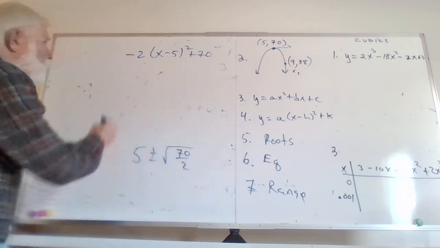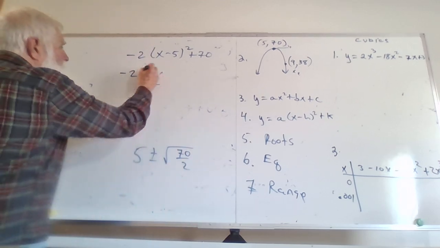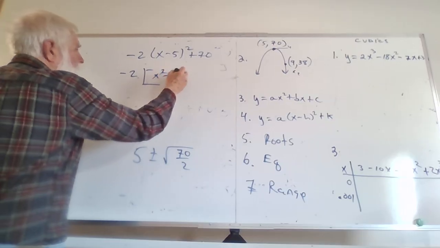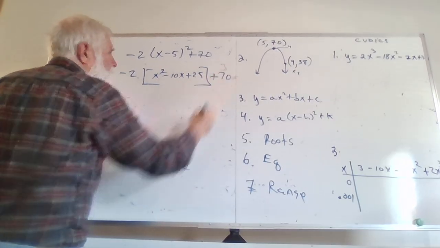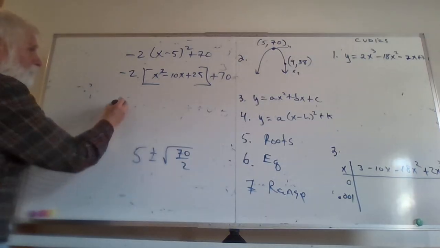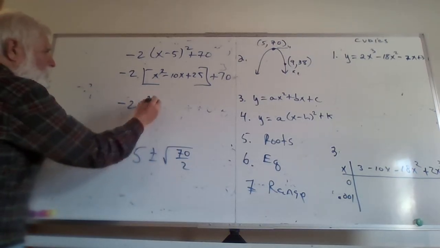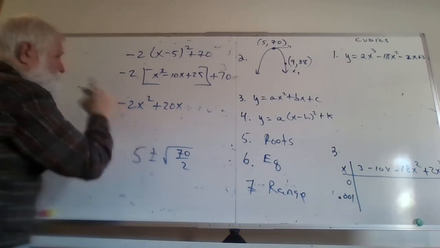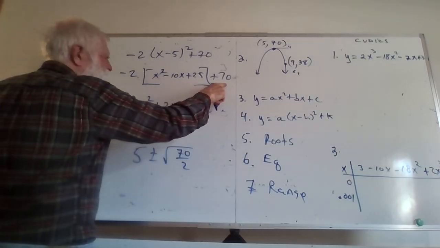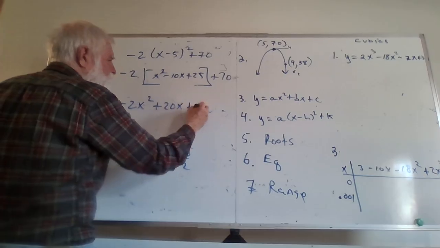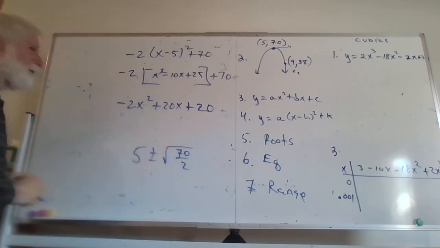All right, so I'm hoping you are writing this now as x squared minus 10x plus 25, and then plus 70. So what does that become? Minus 2x squared plus 20x minus 50 plus 70, which is plus 20. I'm sorry, there are the same numbers here.